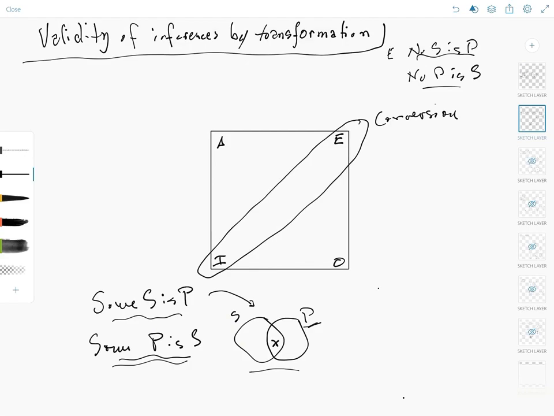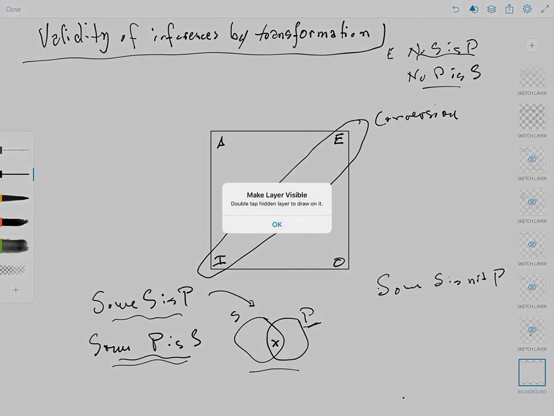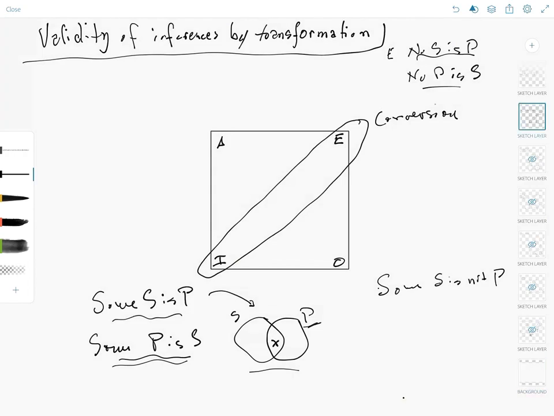So look, with A, but let's look at O. So we have some S is not P, and conversion will tell us some P is not S. So now diagramming the premise, we get this diagram.